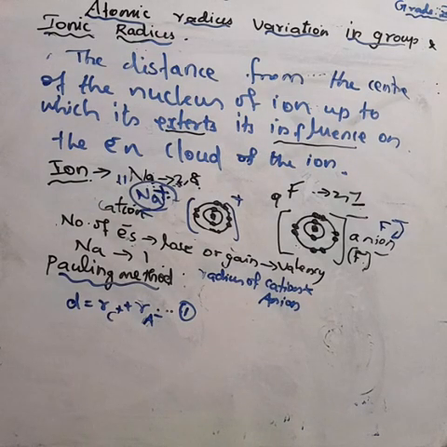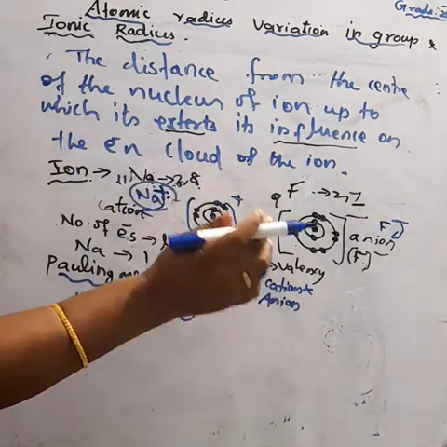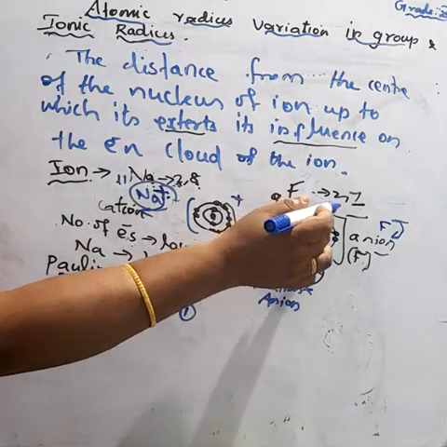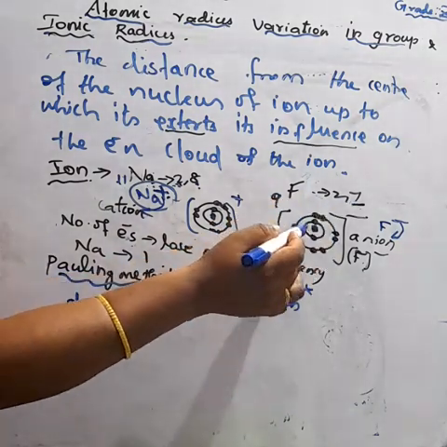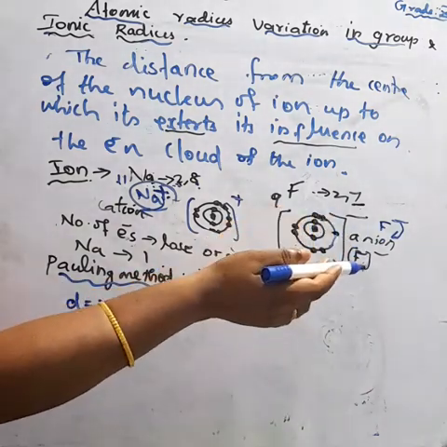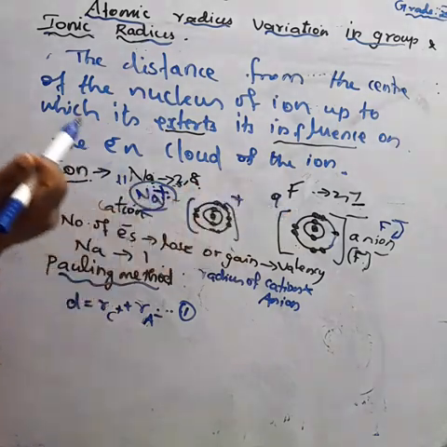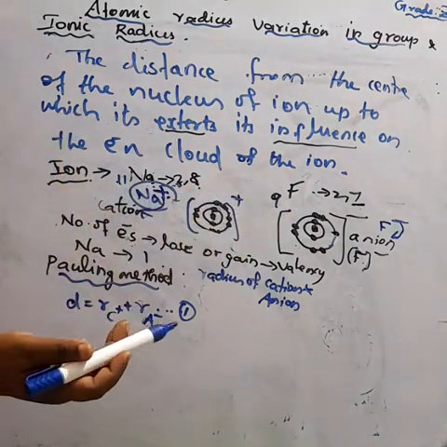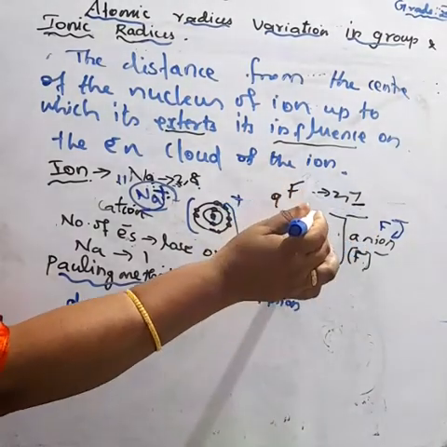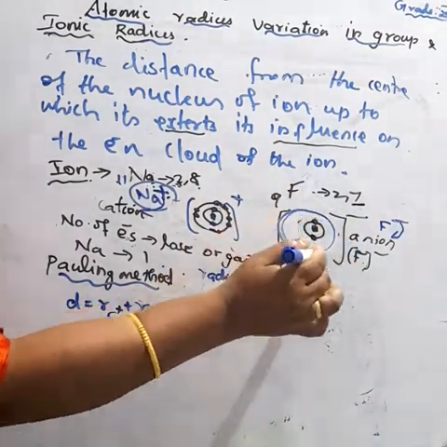In the case of the anion, fluorine, the neutral atom has atomic number 9, so 2, 7. First orbit 2 electrons, second orbit 7 electrons. So it always attracts 1 electron to get the stable structure. When the sodium atom removes this 1 electron, the fluorine atom attracts it to get the stable configuration.